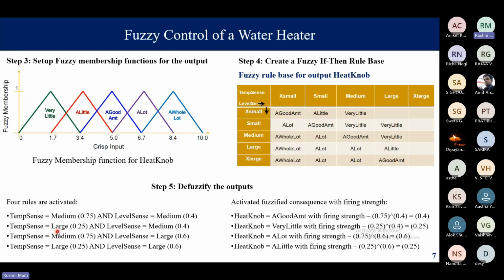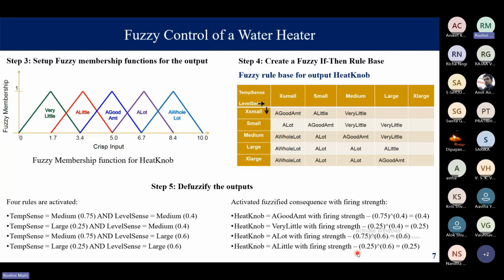The next one, the temperature sensor is large and the level sensor is medium. Here it will be very little. So the heat knob will open very little with firing strength the smaller between these two, that is 0.25. In this way, we have to generate the if-then rules depending upon the current status of our input.